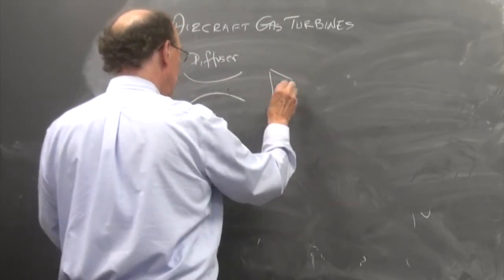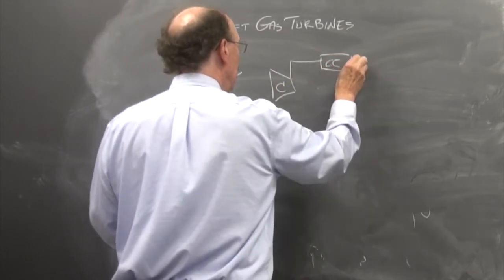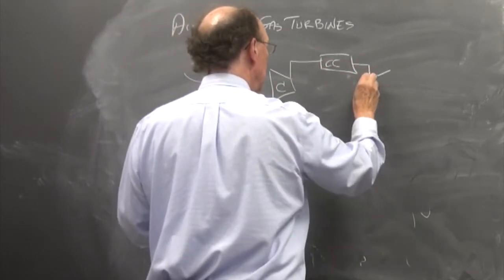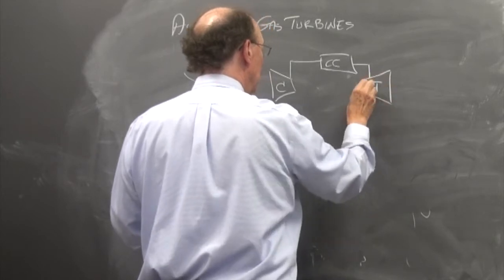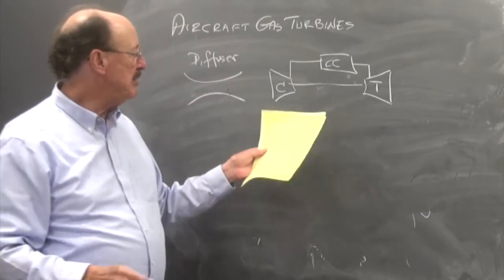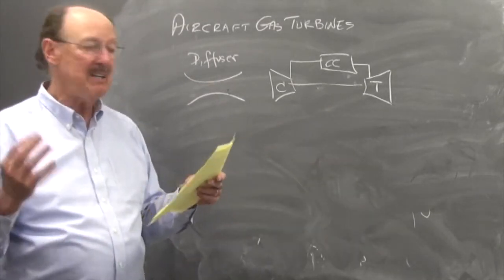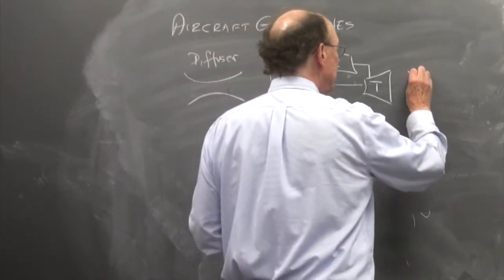So I have a compressor, combustion chamber, into a turbine. The purpose of the turbine is to drive the compressor. And then the exhaust from the turbine is at high enough pressure to go through a nozzle.